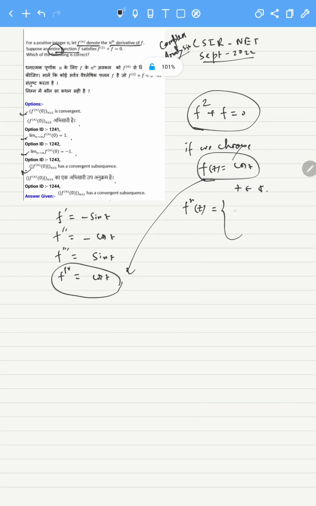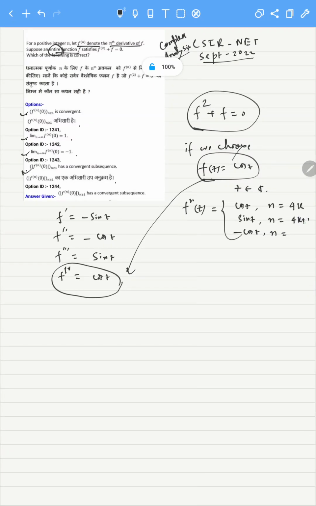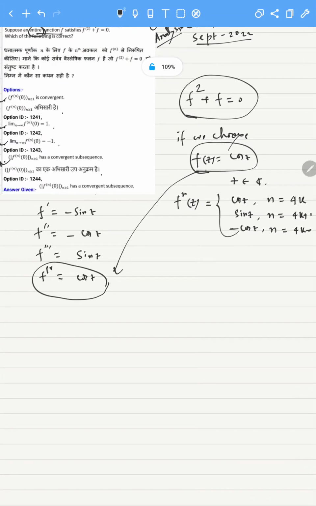Now this is our cycle, because the fourth derivative will be the same as f(z). So f^(n)(z) is cos z for n equal to 4k, and sin z for n equal to 4k minus 1, or one can write it as 4k plus 3, and minus cos z for n equal to 4k plus 2, and minus sin z for n equal to 4k plus 1.